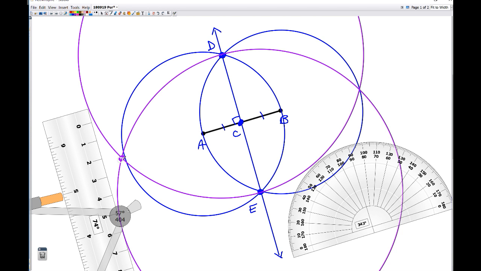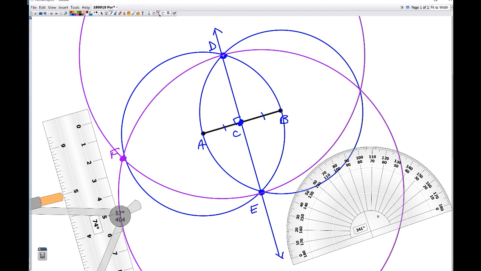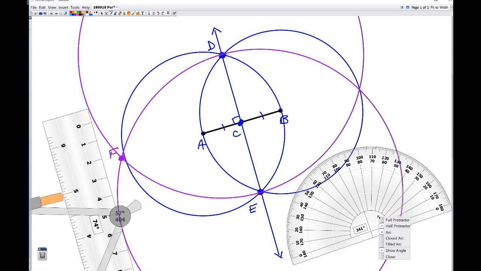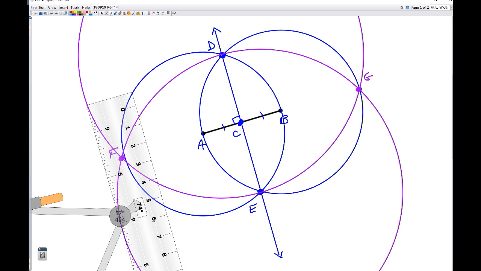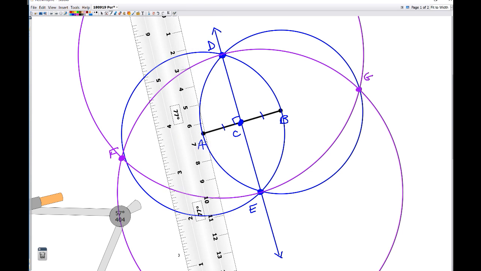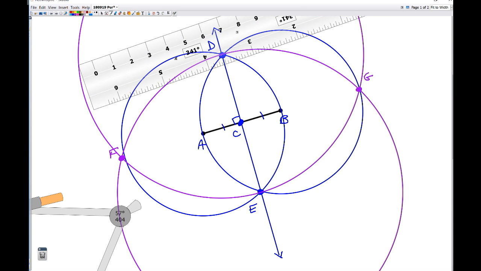My intersection points are off just a little bit over here, but we're going to call this one point F, and we'll call the other intersection point over here point G. And what we want to do is use our straight edge to draw a line through F and G.